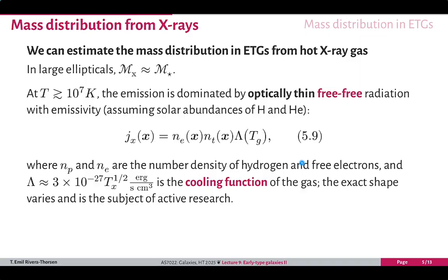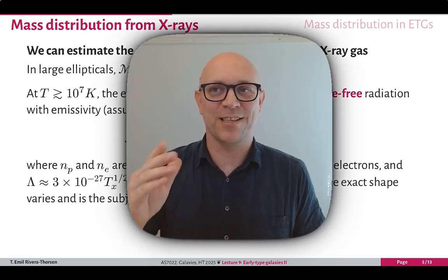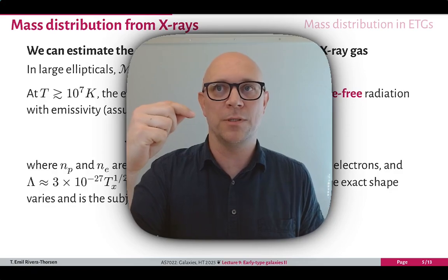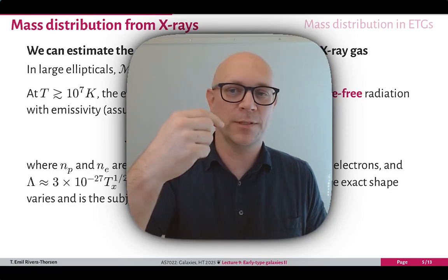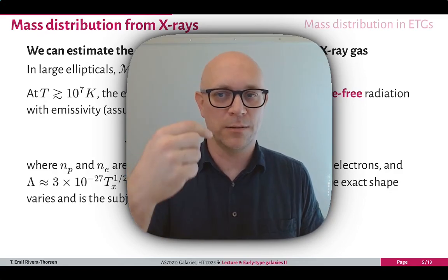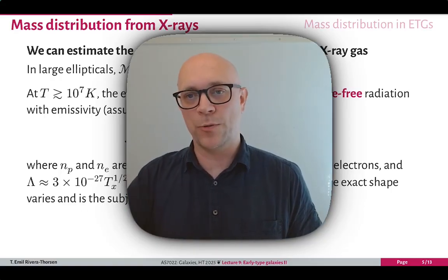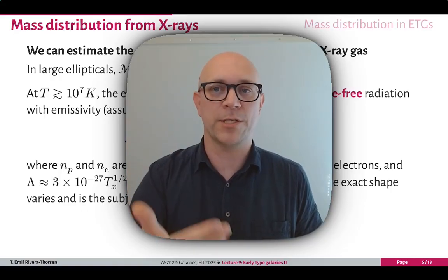And so if we're looking at this hot gas at temperatures that are larger than about 10 to the 7 Kelvin, the emission from these galaxies is dominated by, again, optically thin, so-called free-free radiation. Free-free radiation means that this radiation comes from electrons that are ionized, unbound to atoms, both before and after the emission of this, right?